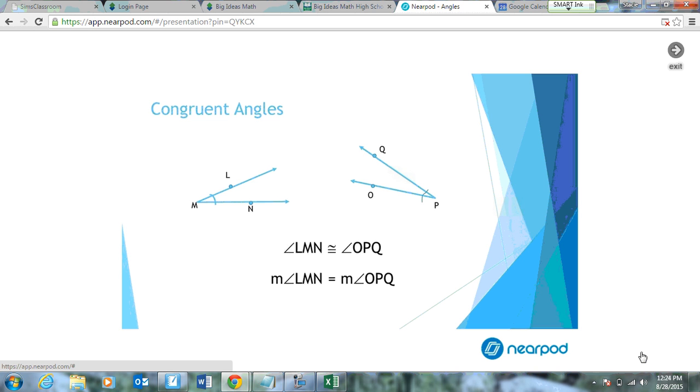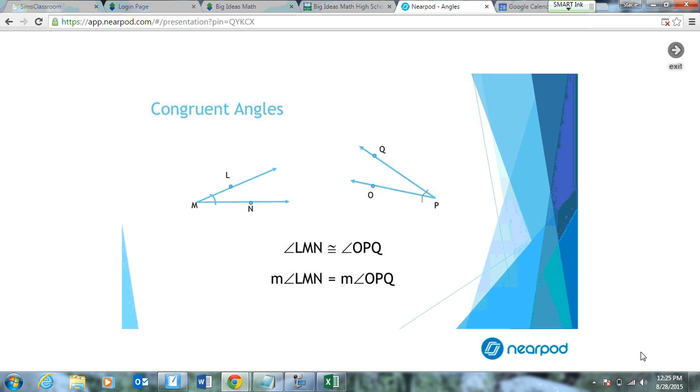Congruent angles are similar to congruent segments. What do you know about congruent segments? They have the same lengths, right? So what do you think is true about congruent angles?